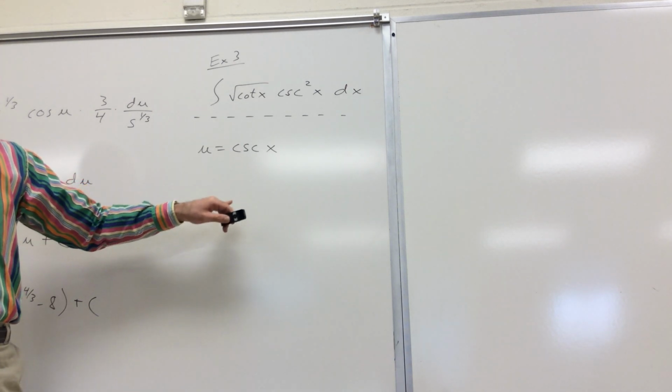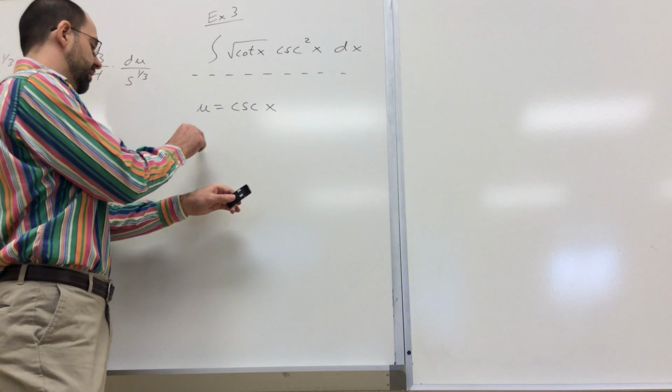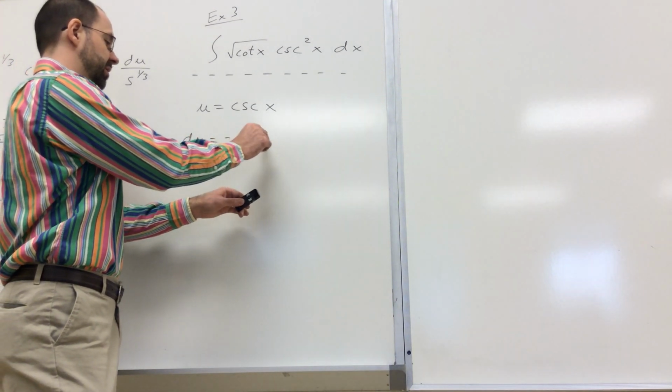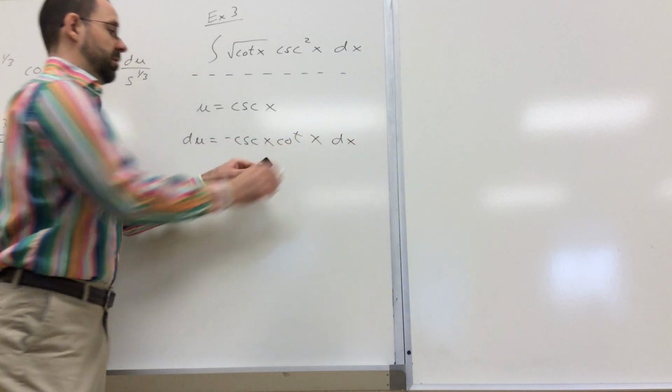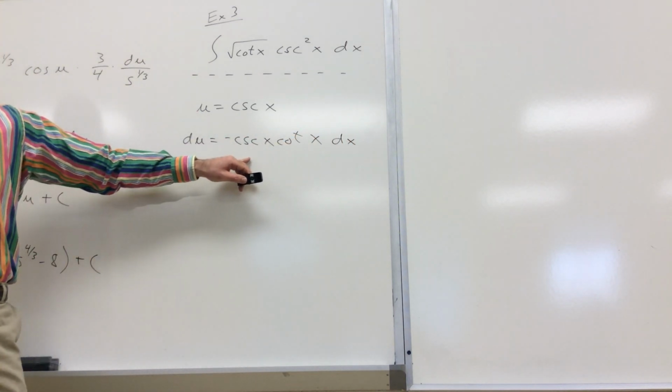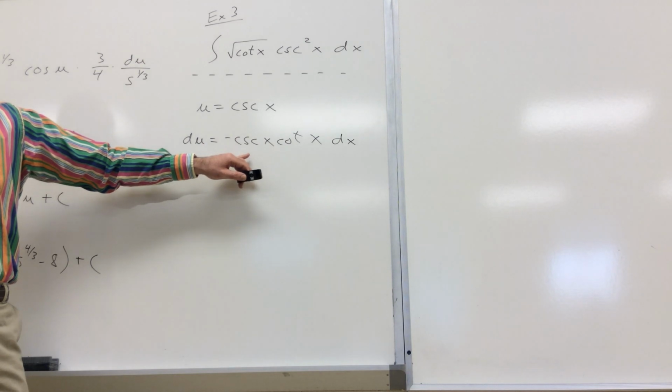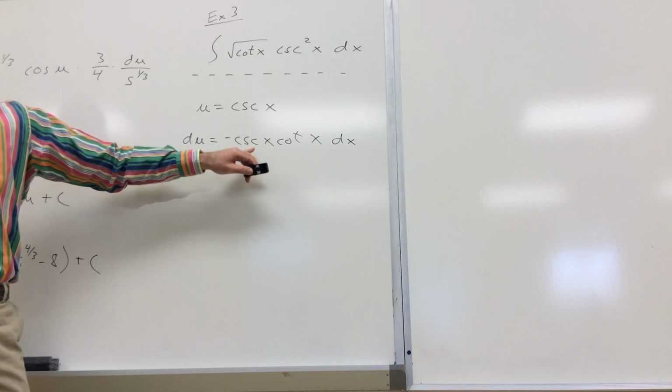Okay, so then you take the derivative of that, right? The derivative of cosecant is negative cosecant times cotangent. Then you have to solve for dx, right?